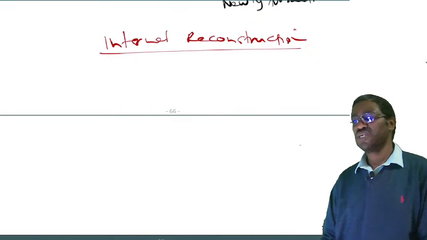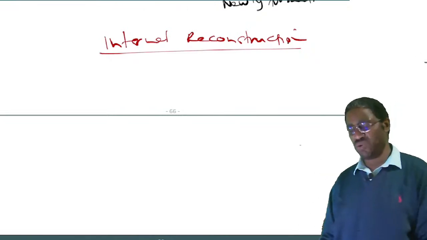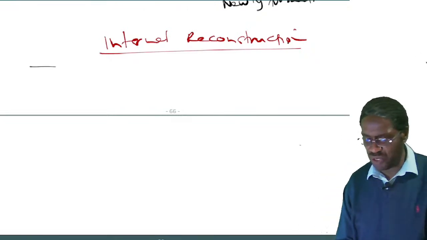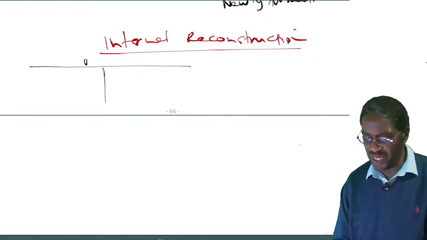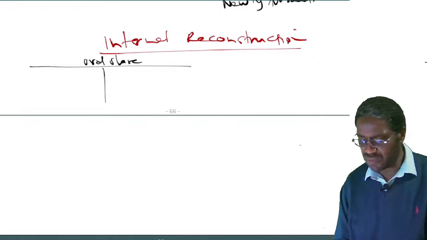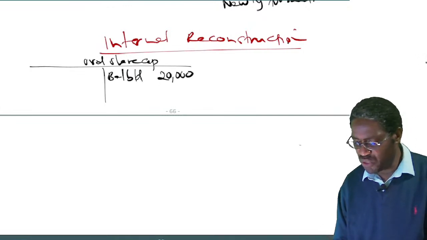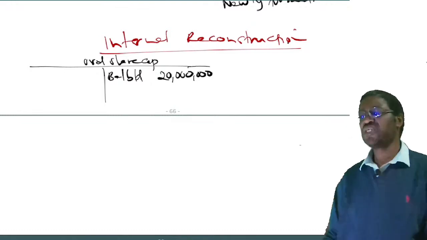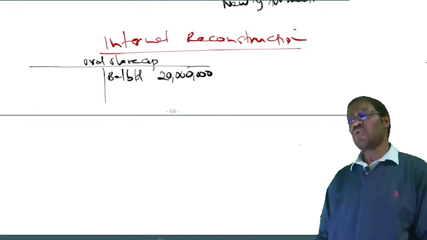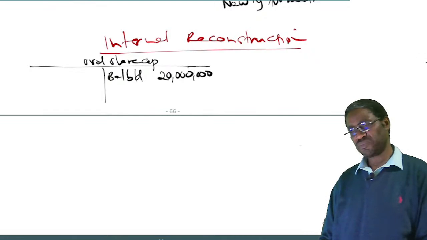Now, we have called the ordinary shareholders and asked them what they can do for us. Our company has ordinary share capital, balance brought down 20 million. They are willing to write off 1 shilling per share.